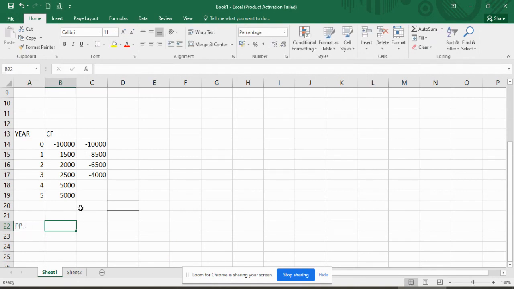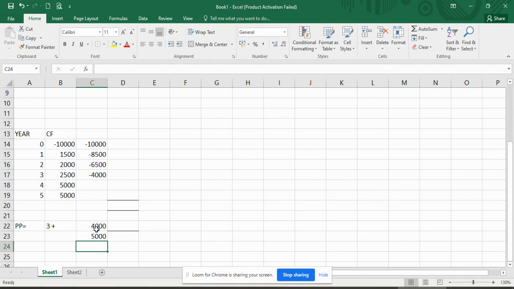Payback equals, it took 3 full years, right? So 3 plus the remaining amount that you have to recover, which is 4,000, divided by the cash flow that you have recovered in the next period.